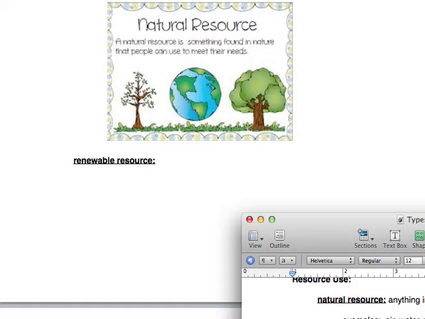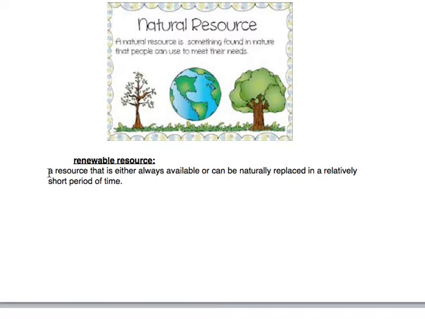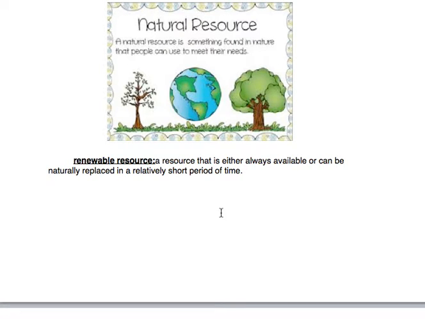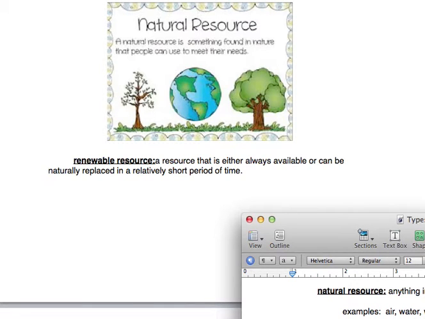A renewable resource is a resource that is either always available or something that can be naturally replaced in a relatively short period of time. It's something that if you use it up, you can make more if you need to, and it's either always there or you can make it pretty quickly. Examples of that are oxygen, wood, and leather.